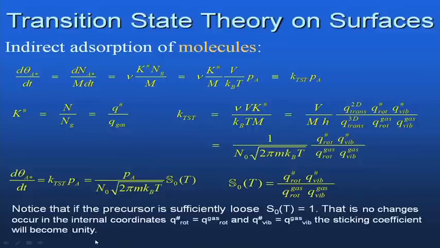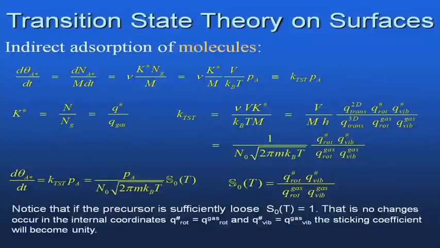That means, if it is very loosely bound onto the surface, then for all practical purposes the partition functions do not change much. So, this rotational one is close to this one, and this one is close to this one, as a result of which S0t is very close to unity.